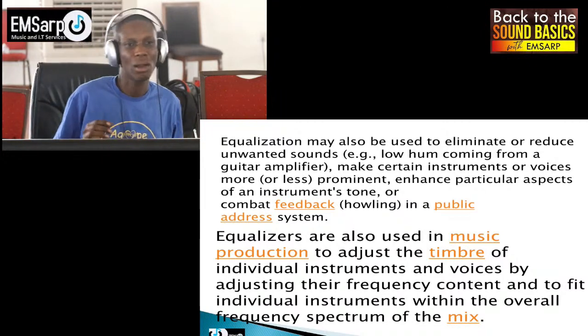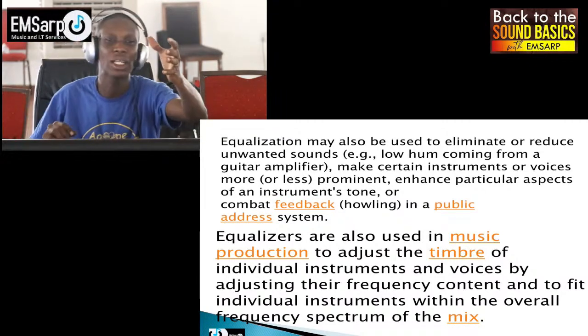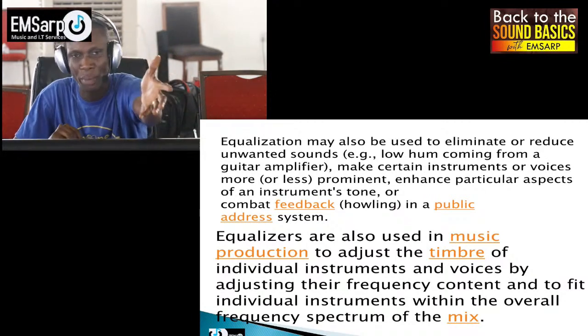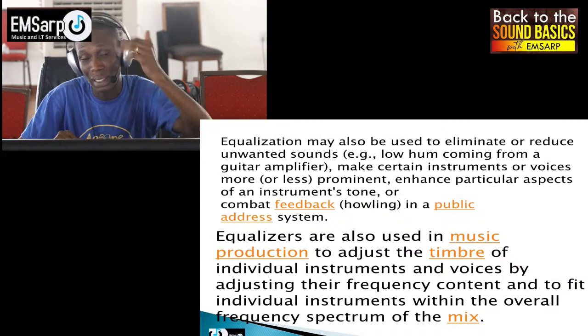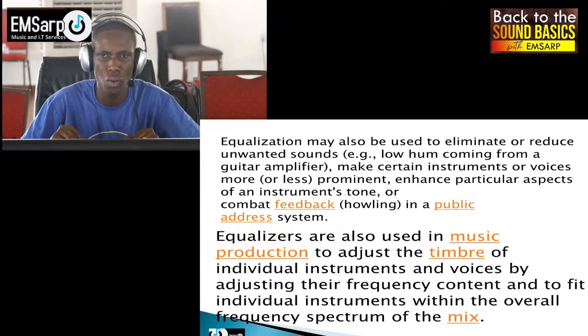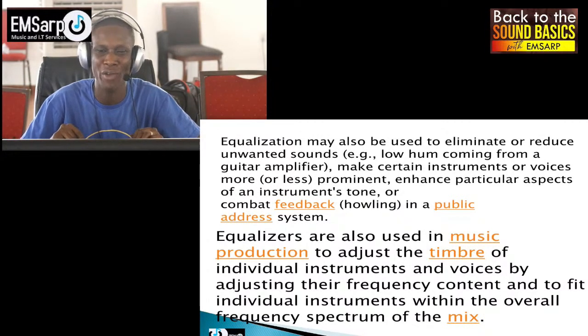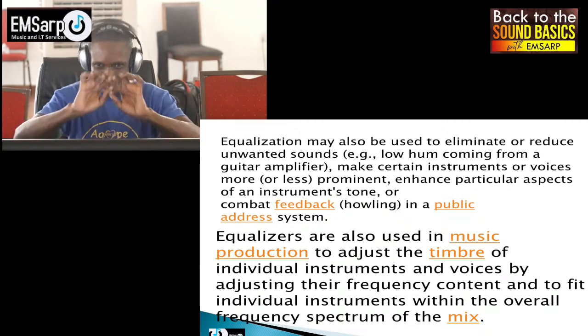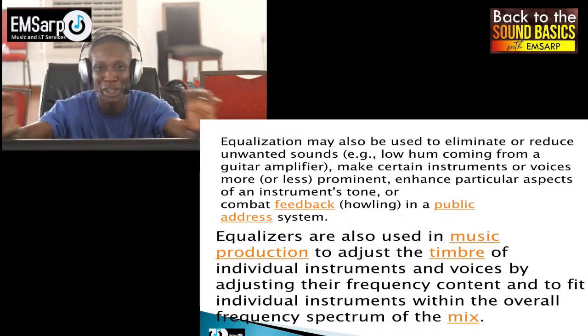For instance, you are setting up a sound in your church, a program is going to happen, and all of a sudden you hear a boomy ooh, ranging around 180, 200 hertz. All you need to do is get your equalizer, go through that equalizer band, especially those using the graphic EQ.